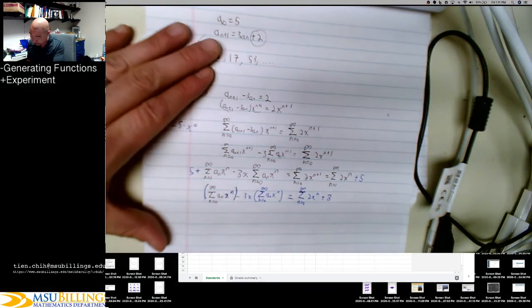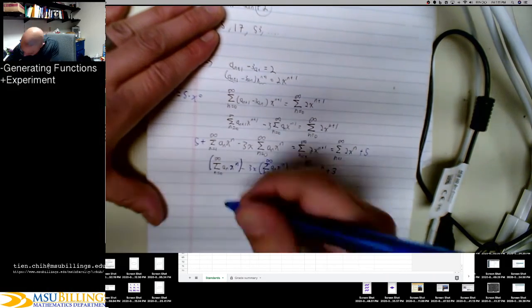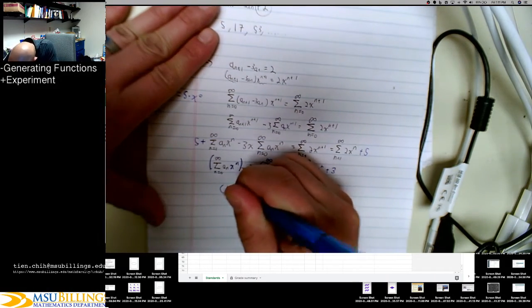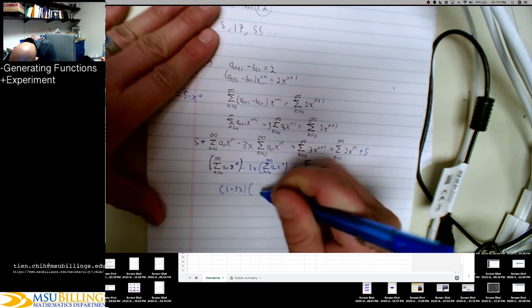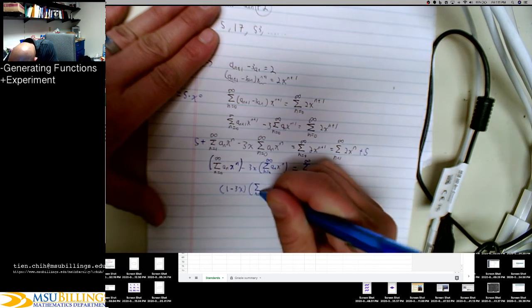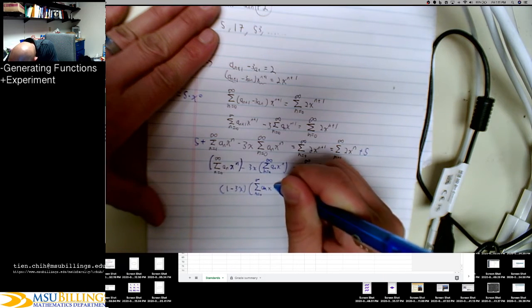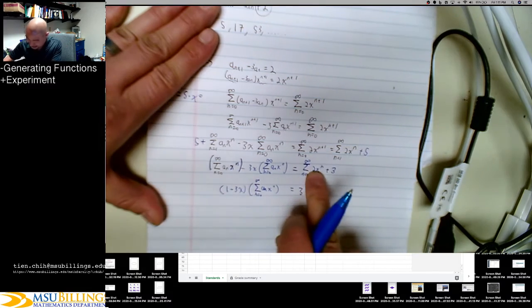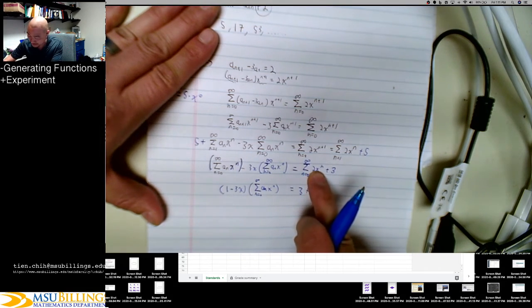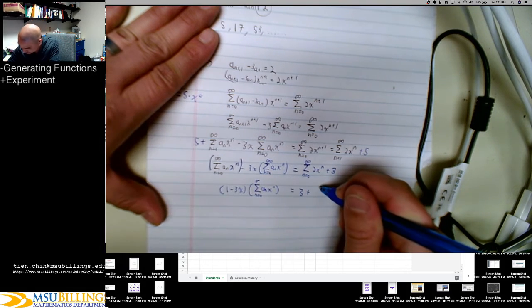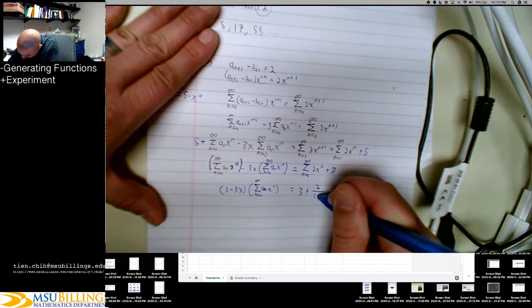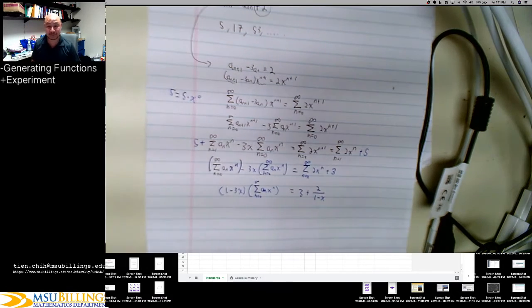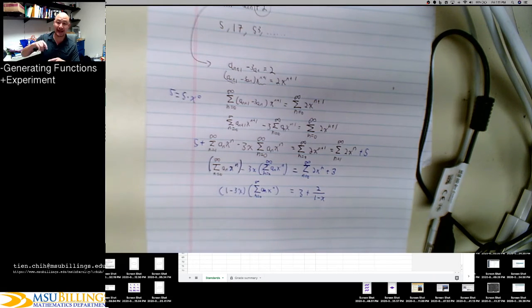So, putting all of this together, what this gives me is I have 1 minus 3x times the sum n equals 0 to infinity a sub n x to the n, that is going to be equal to, well, 3 plus, and I look at this thing, I can factor 2 out, and from the reading or from previous classes, we may remember that the sum from n equals 0 to infinity of x to the n is 1 over 1 minus x.